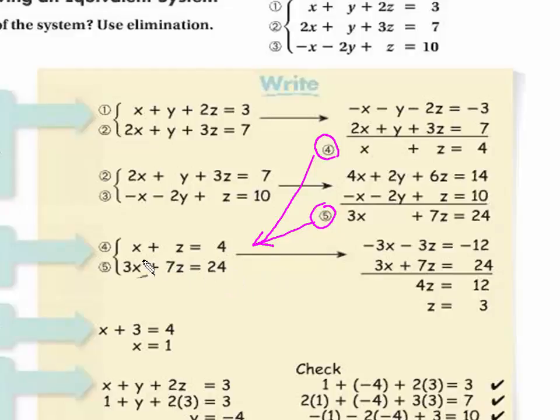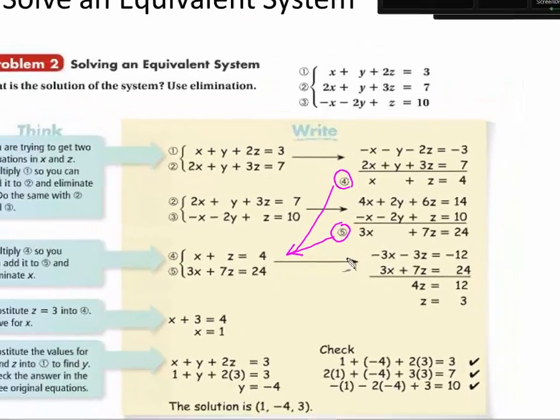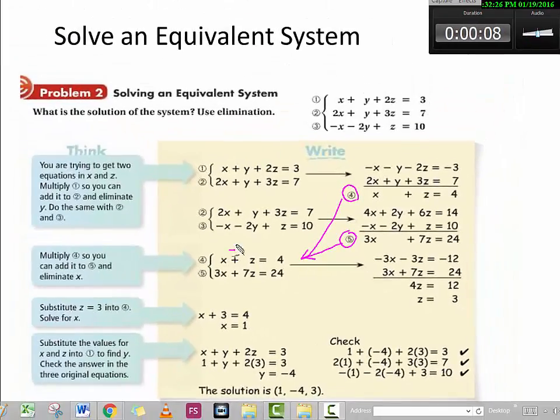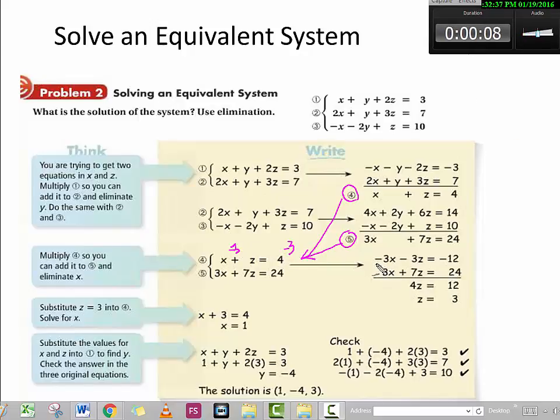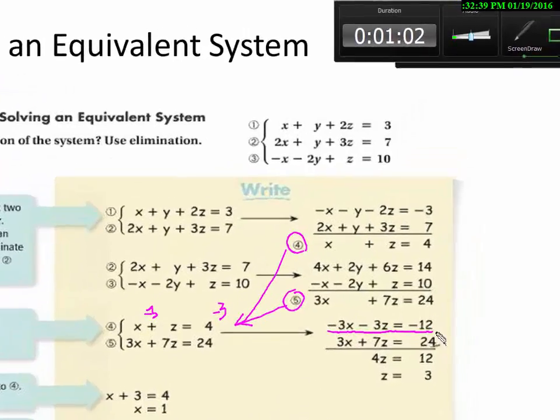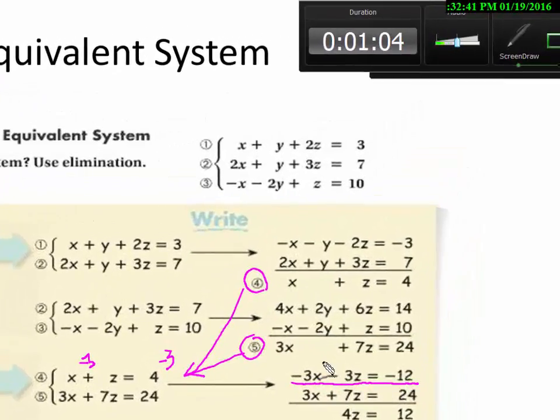And then we're going to multiply the equation number 4 by 3 on both sides, to be exact by -3. So if you times negative on the left, you're going to do the same on the right. So we end up getting negative 3x minus negative 3z.